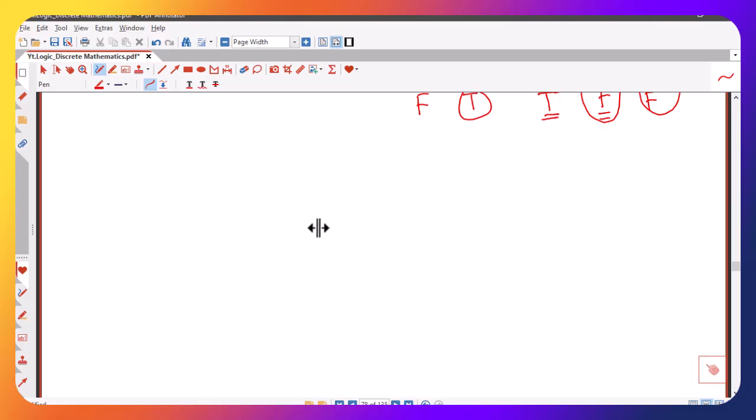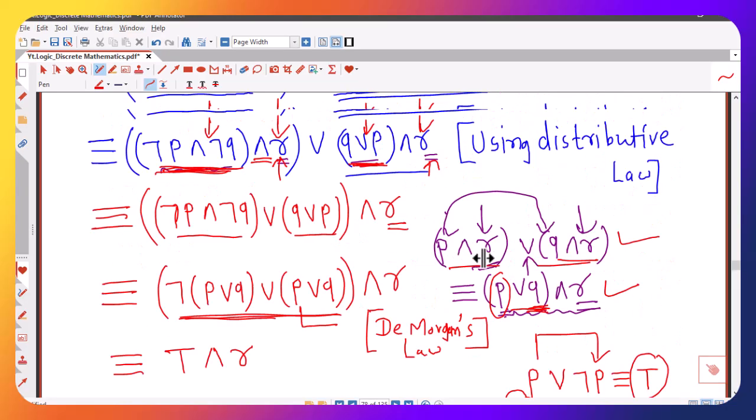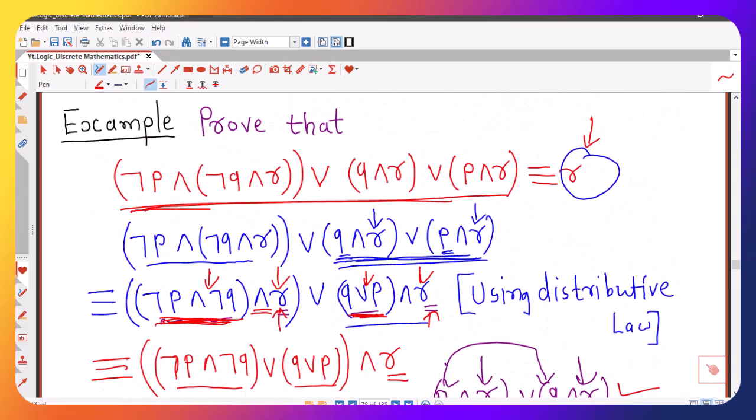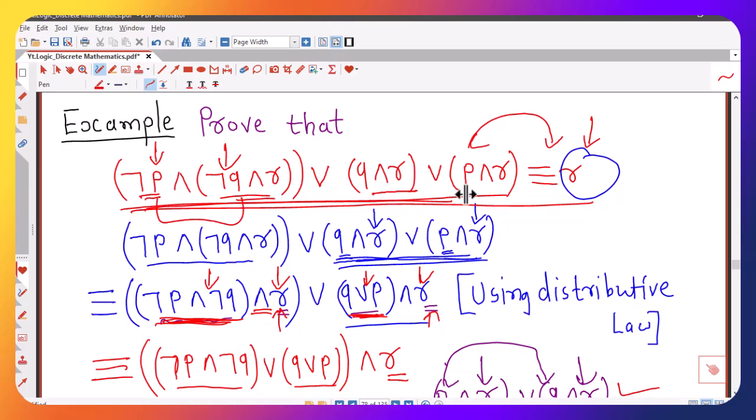And if you are not comfortable with this, you can use truth table also, but you can see, suppose I want to use truth table to prove that these two propositions are logically equivalent, then you have to prepare so many columns for PQR, then columns for negation P, negation Q, then columns for negation Q and R, then column for these two Q and R, P and R, then column for these two.